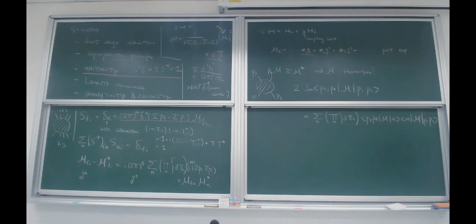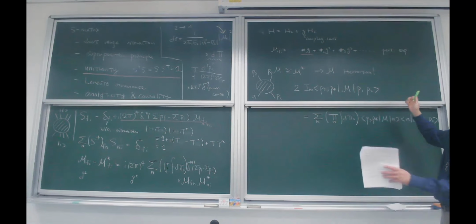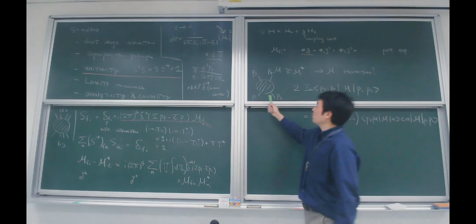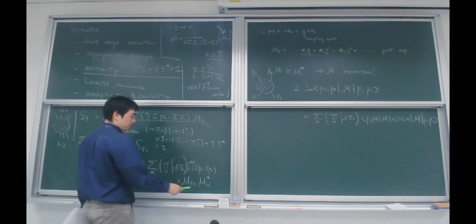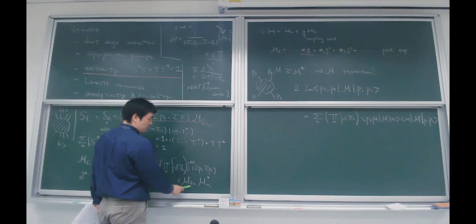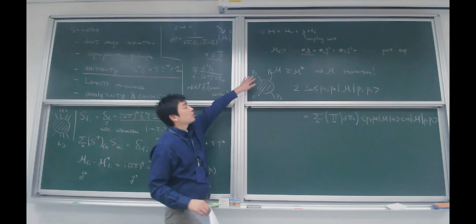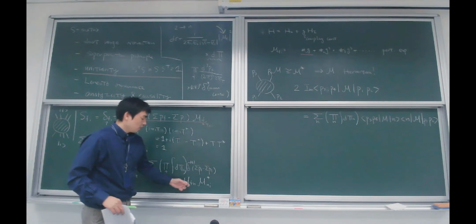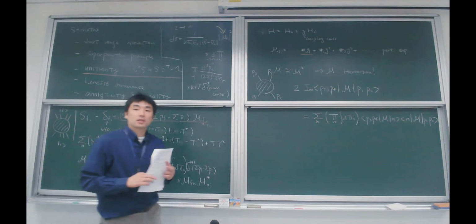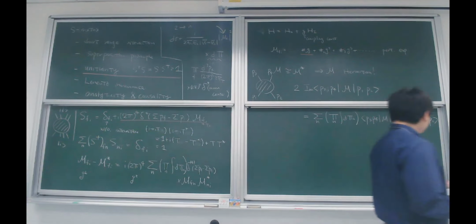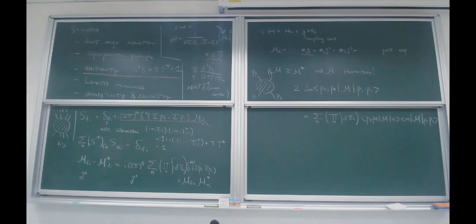So if the initial state is a plane wave function, and the final state is also a plane wave function, in the middle it can take any state in the Hilbert space. So this is what it means.